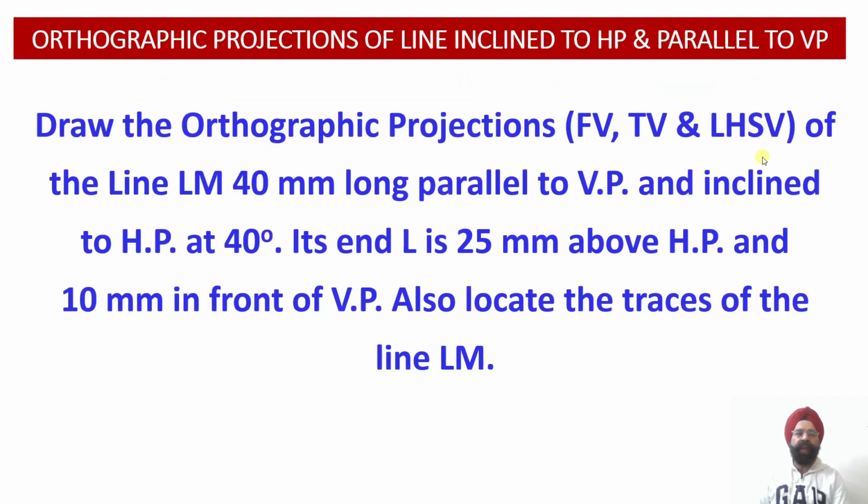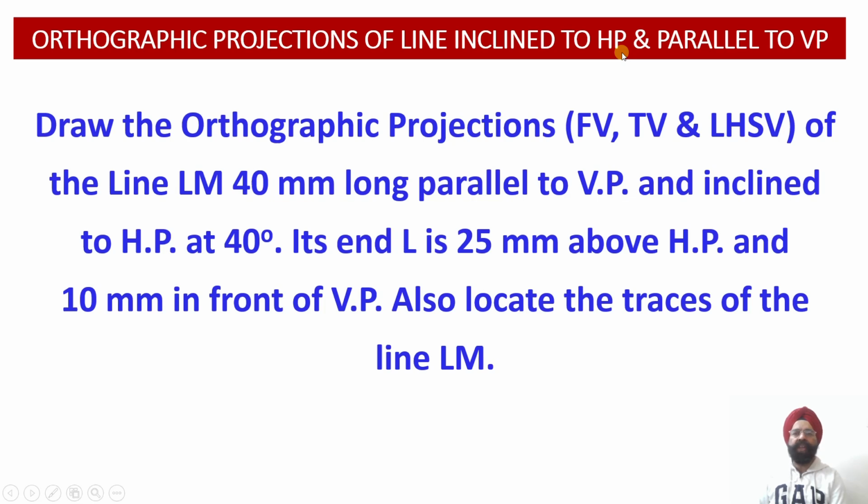So here we are required to evaluate the orthographic projections of a line which happens to be inclined to the horizontal plane and parallel to the vertical plane. Now since this line happens to be parallel to the vertical plane, its projection on the vertical plane will reveal the true length projections of the line in the front view projections, whereas this line happens to be inclined to the horizontal plane.